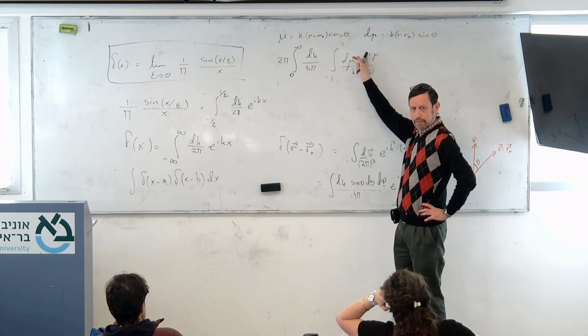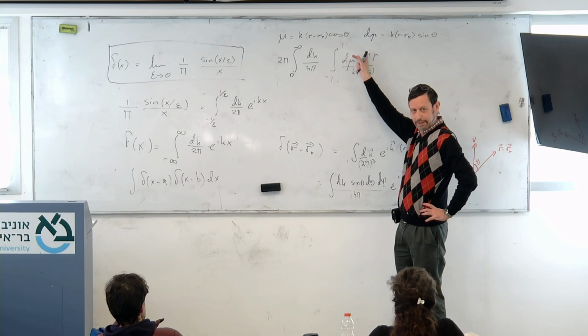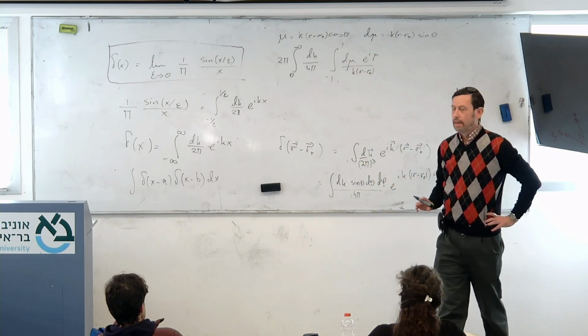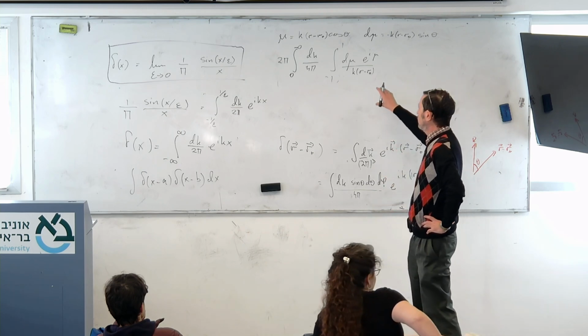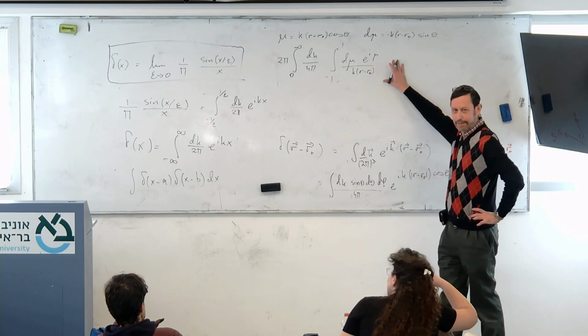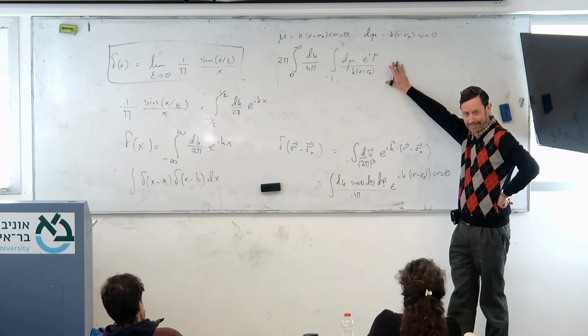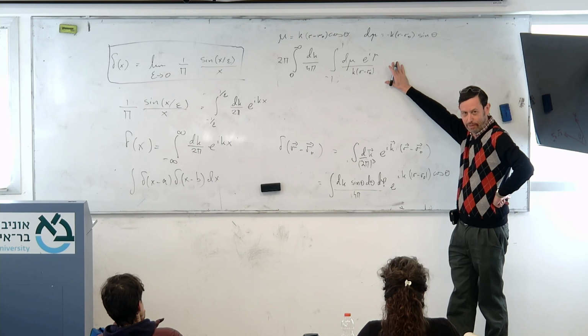But you don't get rid of it completely. You have to be a bit careful. And you know what? That's the reason why we don't do it at this point. Again, you have to go into a contour. But believe me, you'll get your delta functions.